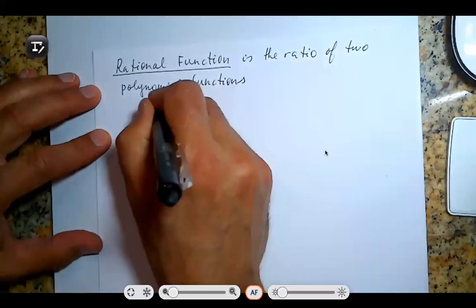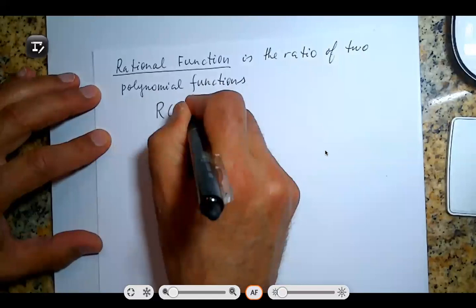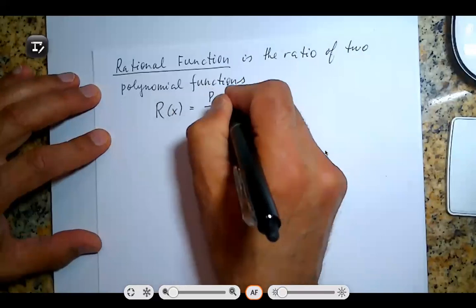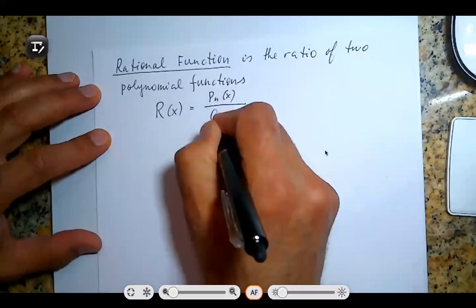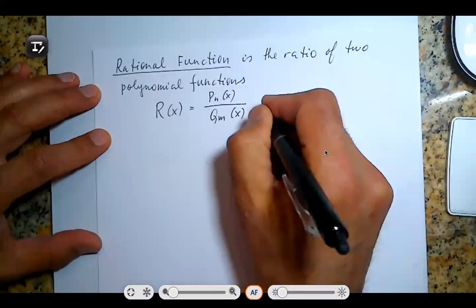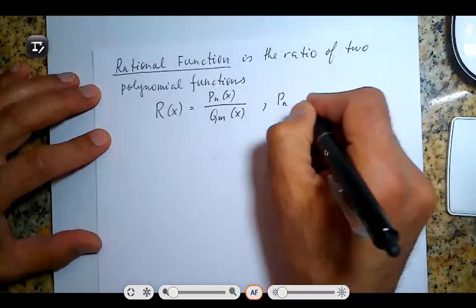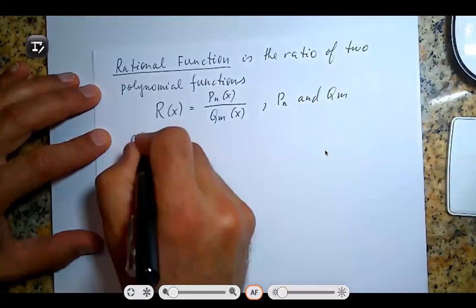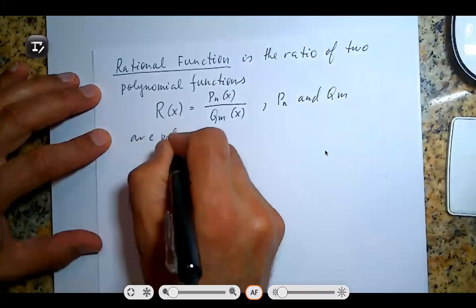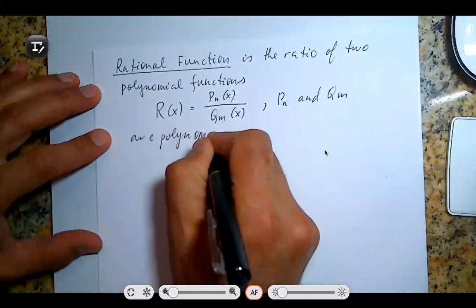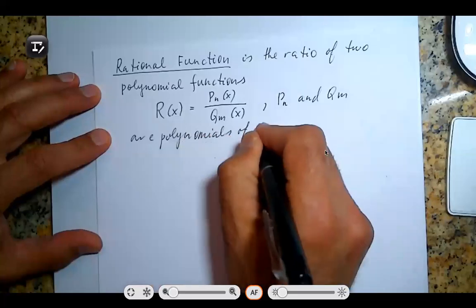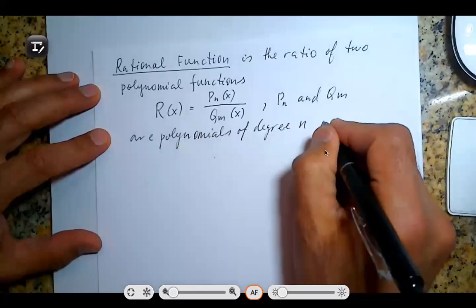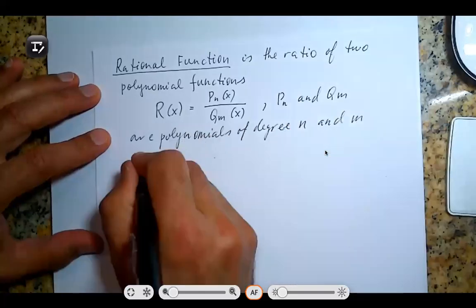So R of x equals P sub n of x over Q sub m of x, where P sub n and Q sub m are polynomials of degree n and m respectively.